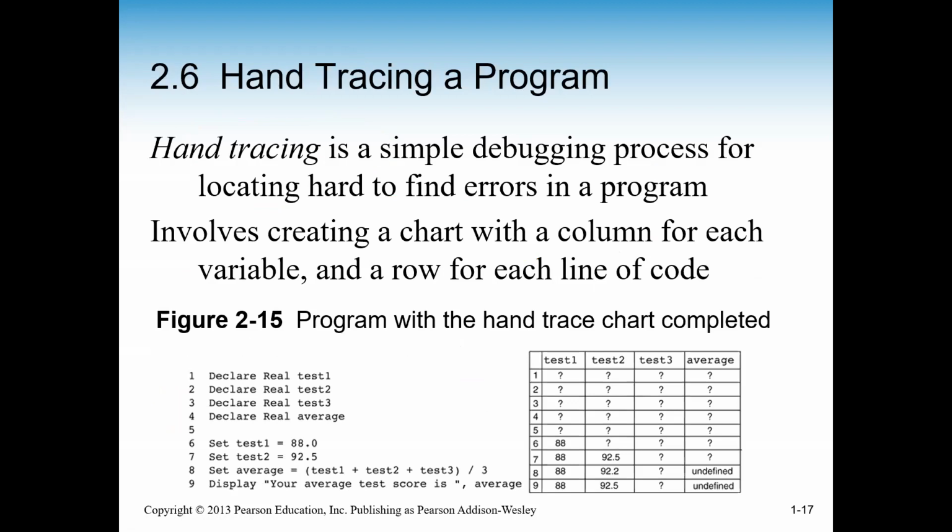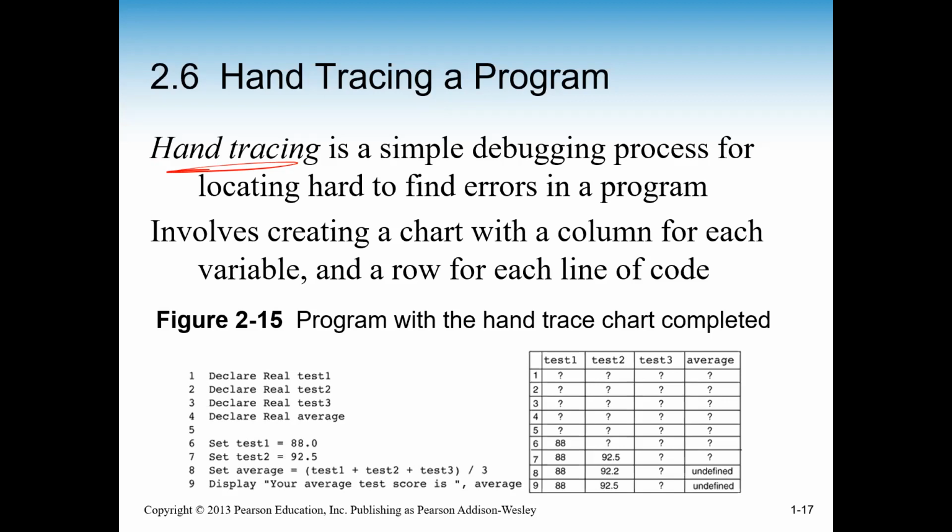So now let's take a look at hand tracing a program. This is a little example. Hand tracing is very helpful to understand how your data flows through your program.